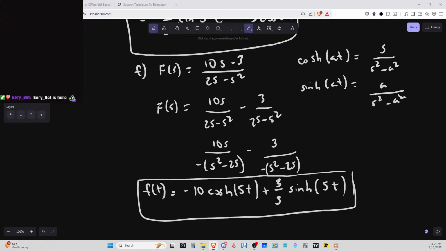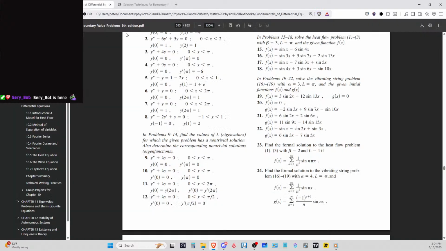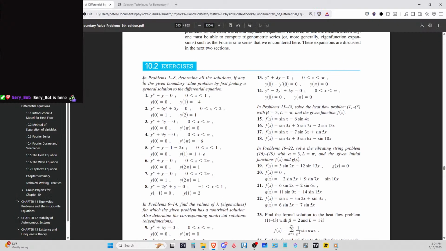Let's see here. All right, so I think what we can do is go into here. So this is the textbook I actually want to use to challenge myself a little bit.